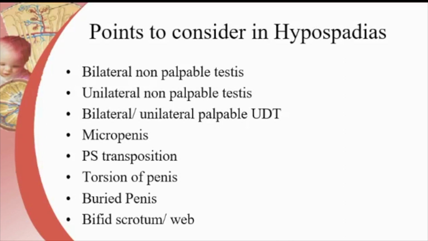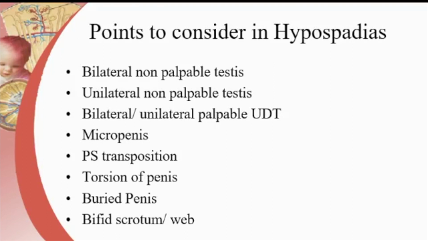If that is the case, it can still be one of the cases of XY DSD, where you sometimes may have a micropenis with bilateral palpable, undescended testes. Some of the examples include partial androgen insensitivity or 5-alpha reductase deficiency.